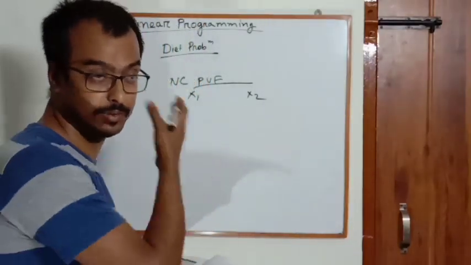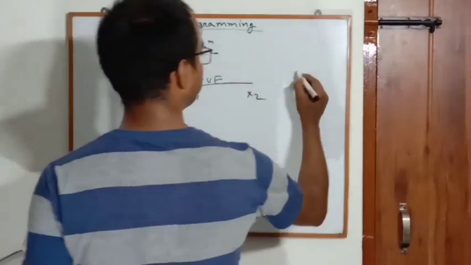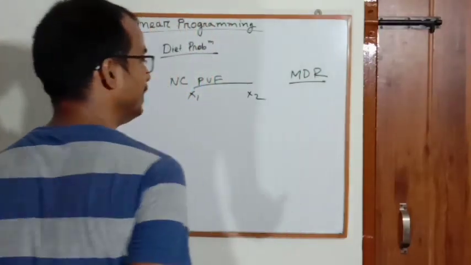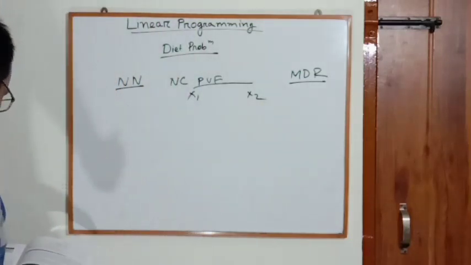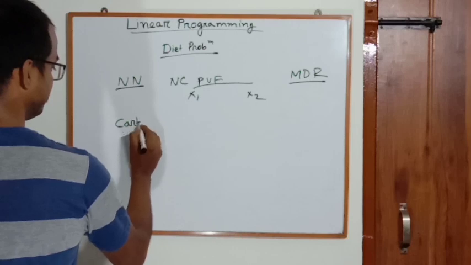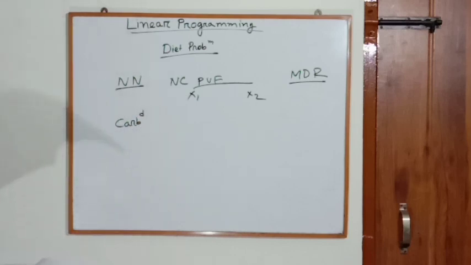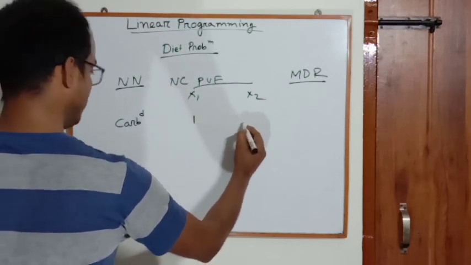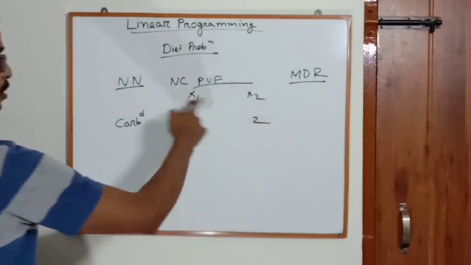As I said, 1000 calories. Maximum daily requirements of nutrients. Now let us come to the first one, carbohydrate. So carbohydrate, it should be 1, 2.